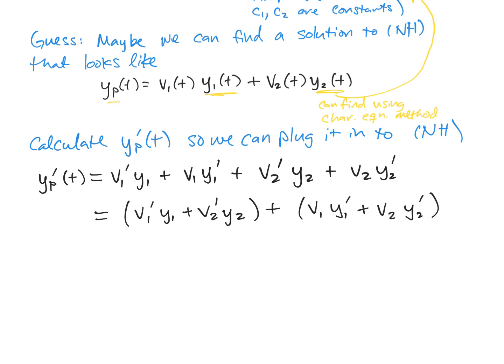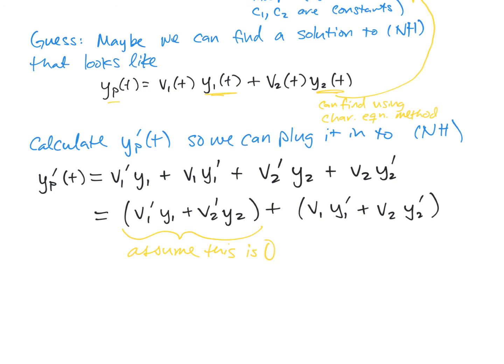So our guess here is going to be to assume this is 0. So that's going to do two things for us. I know it looks like really, why can you do that? Well, we can do this because we're just guessing still.